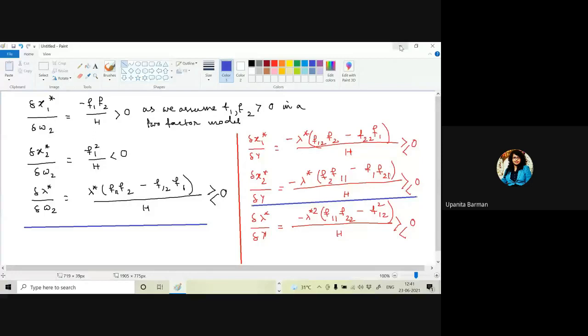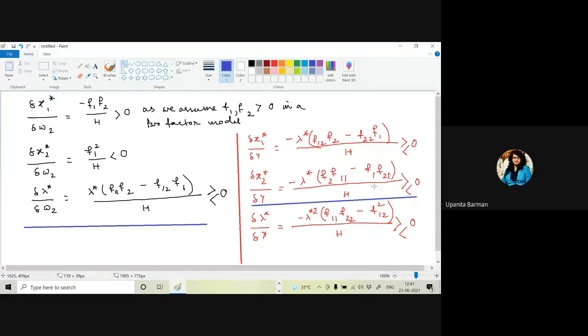Ma'am, I have one question over here. Yes. Ma'am, I got a value which is equivalent for both, but over here there is one minus extra for del x2 star. Okay, so there was a lot of confusion regarding this particular derivative.